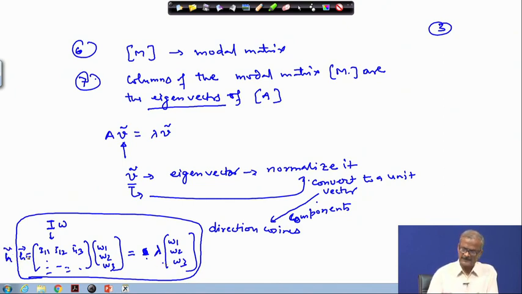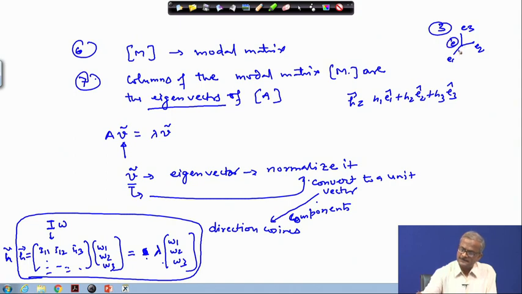This simply indicates that if you write your h vector as h 1 times E 1 cap, h 2 times E 2 cap, h 3 times E 3 cap, it means in your body frame, this is the E frame, with E 1 direction, E 2 direction, E 3 direction.